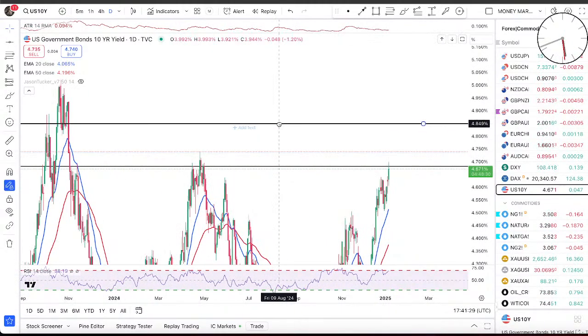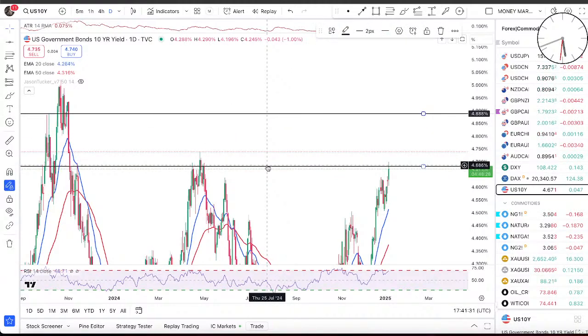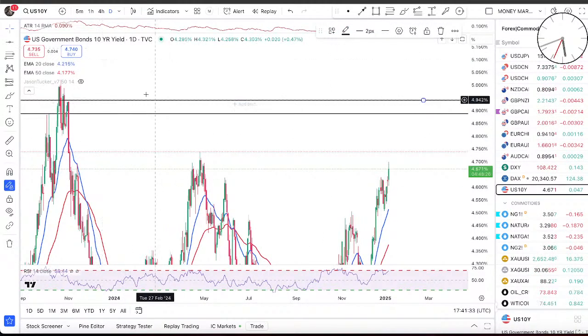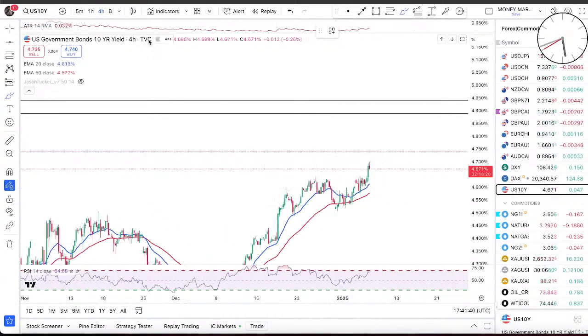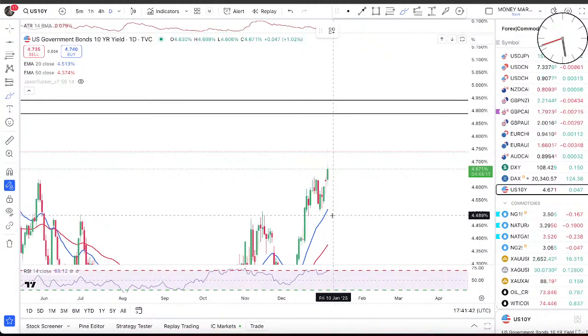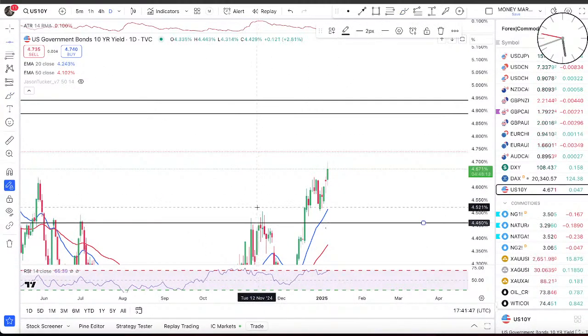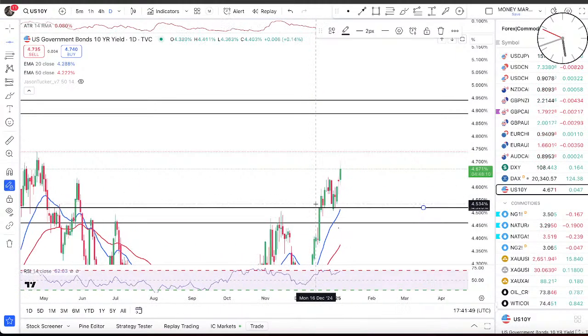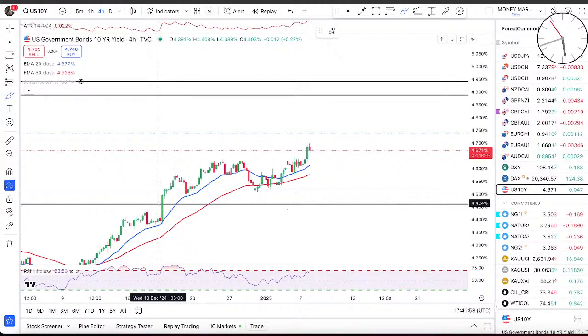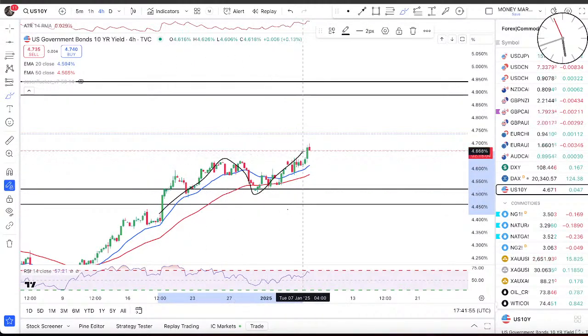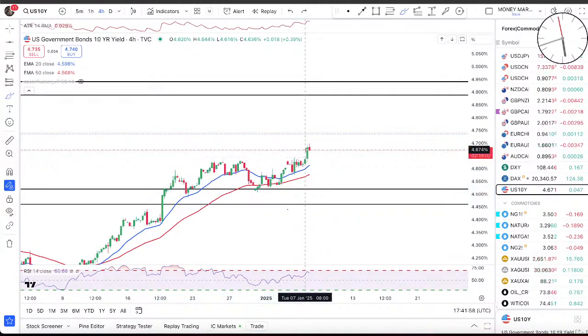No, I will use this level above. On daily, that was a structure that has been broken. Okay. Structure was broken. Retest happened and the price is pushing up. So further continuation is expected.